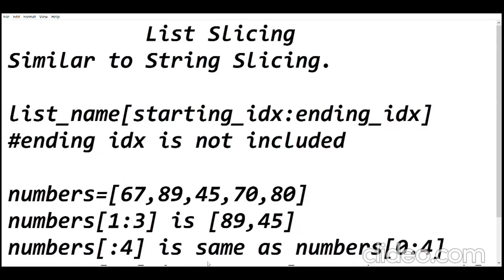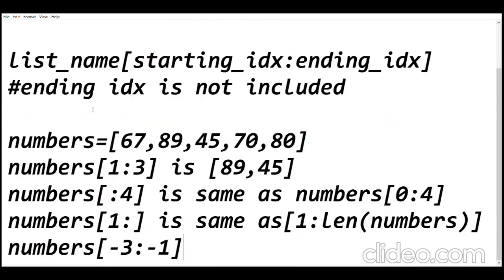For example, if numbers is the list name, equal to, inside the square brackets we store a set of numbers.